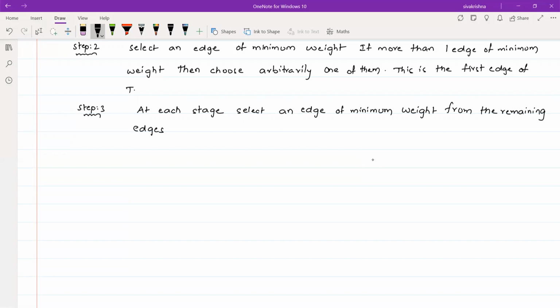So if by selecting that particular edge, it doesn't form any circuit. So we have to select only those edges which do not form a cycle.